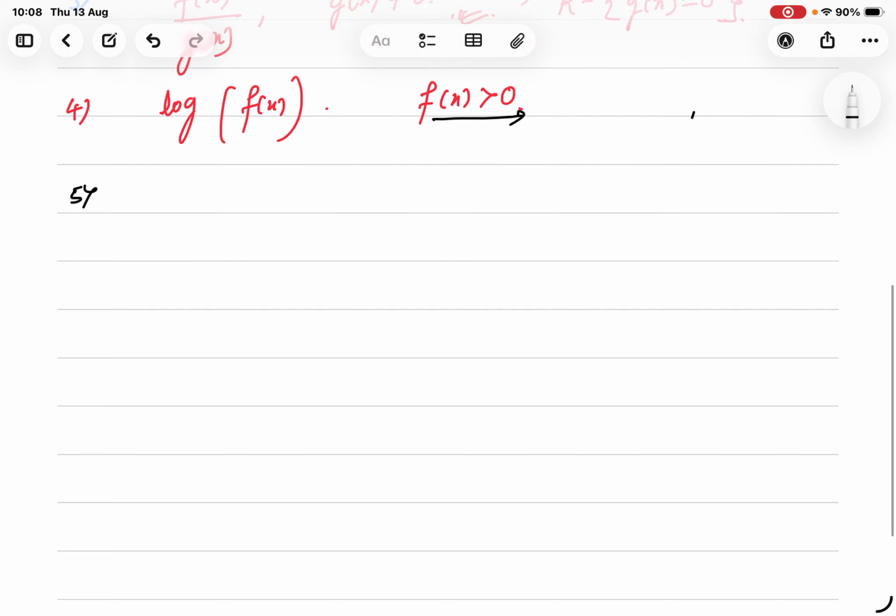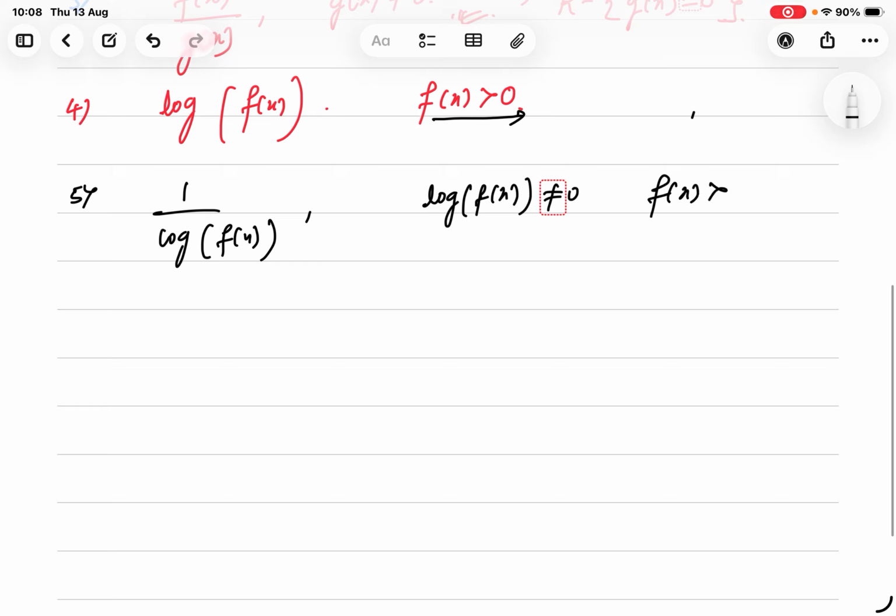And the fifth one, if 1 divided by log of f of x is there, so the denominator is not equal to 0 and f of x is strictly greater than 0. So if the denominator is not equal to 0, then f of x is not equal to 1.